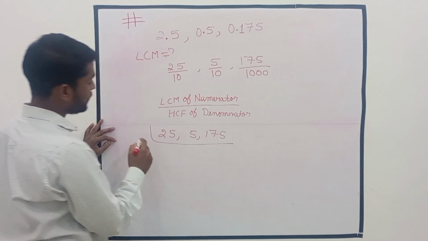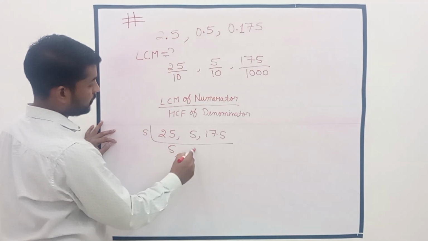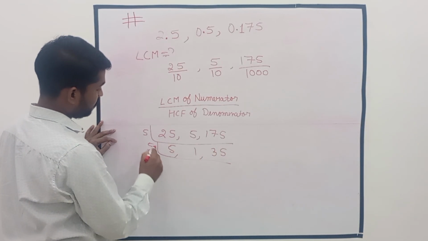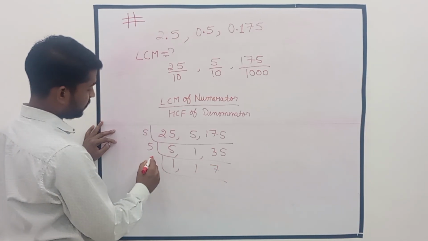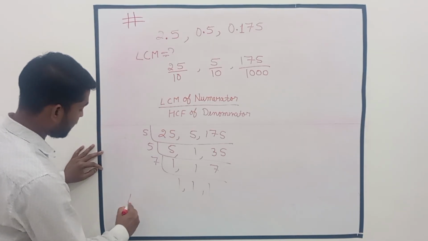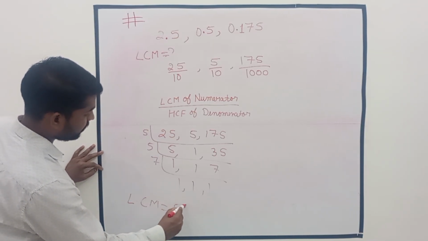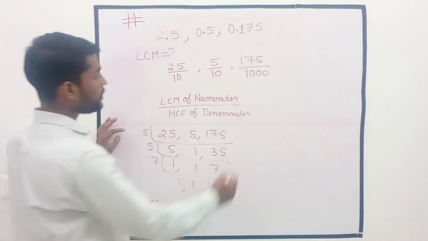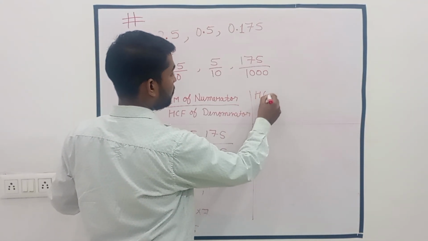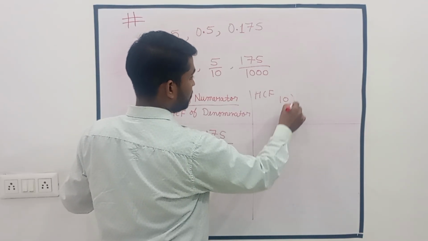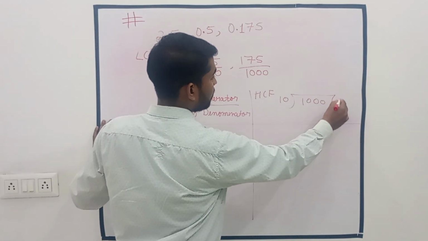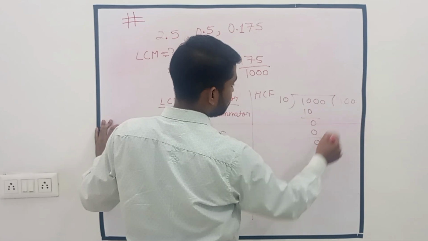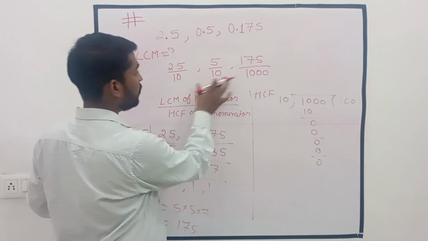The LCM of these numerators is 175. Then we calculate the HCF of the denominators, which are 10s, so the HCF of the denominator part is 10.